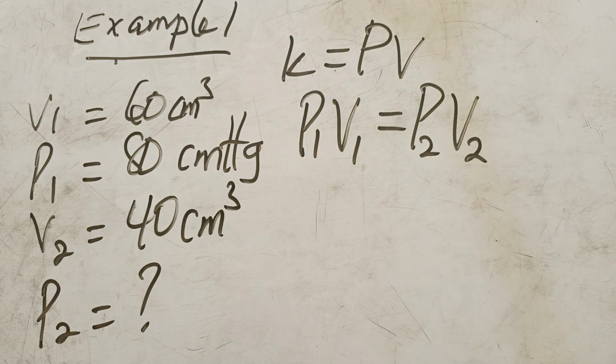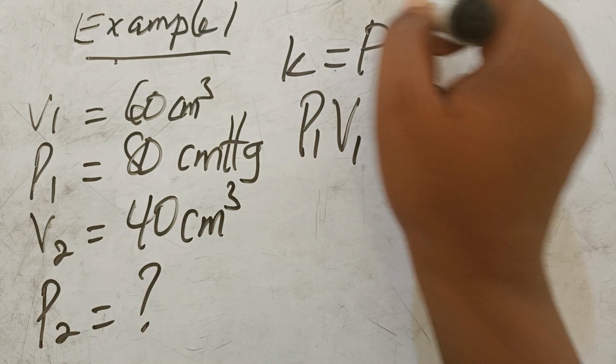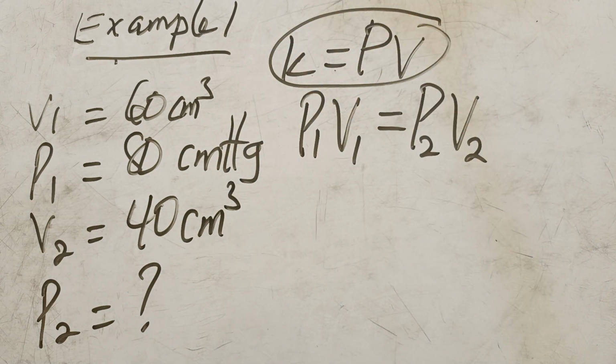That's basically Boyle's law. So we just have to input our values here. Since our unit is already in cm cube and our pressure is also measured already in centimeters of mercury, we don't need to change it.